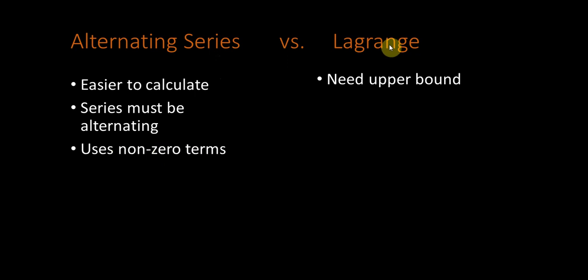For the Lagrange error bound, we need to find the upper bound of that mystical point c, or a, the k plus first derivative at some point a, right? So that might be a little bit trickier. It's not as easy to calculate as the alternating series error bound. But it doesn't have to be alternating. The Lagrange error bound works for any convergent Taylor series.